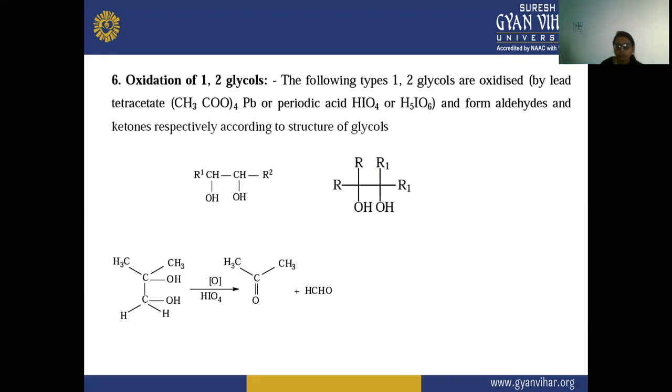This is the structure of this 1,2-glycol, and when this 1,2-glycol reacts with lead tetraacetate or periodic acid HIO4, it is oxidized to this ketone, and formaldehyde is also formed here.